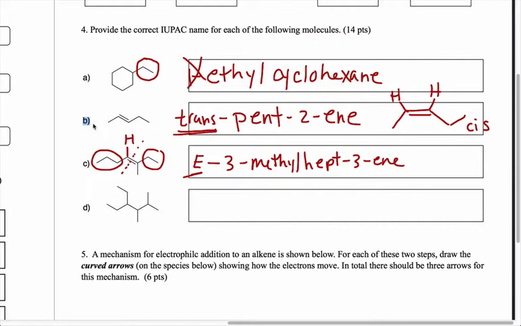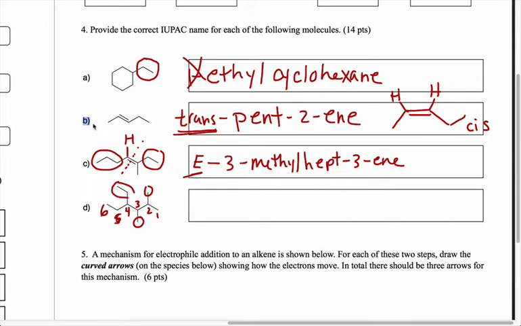Okay, and finally we have another 6-carbon chain. So it's a hexane with a methyl group on the 2-carbon, a methyl group on the 3-carbon, and an ethyl group on the 4-carbon.